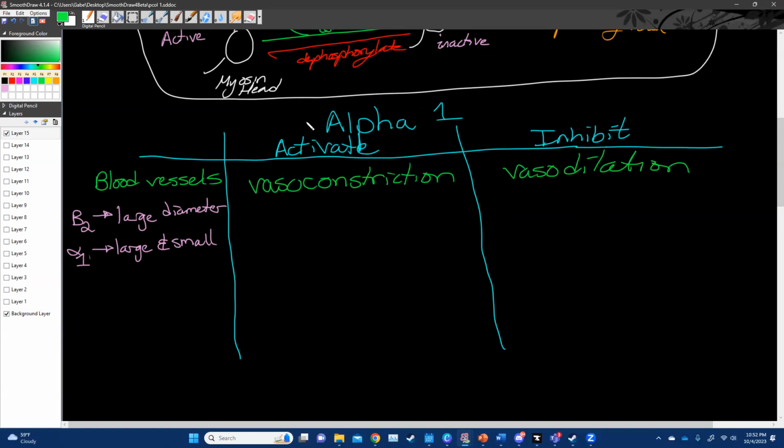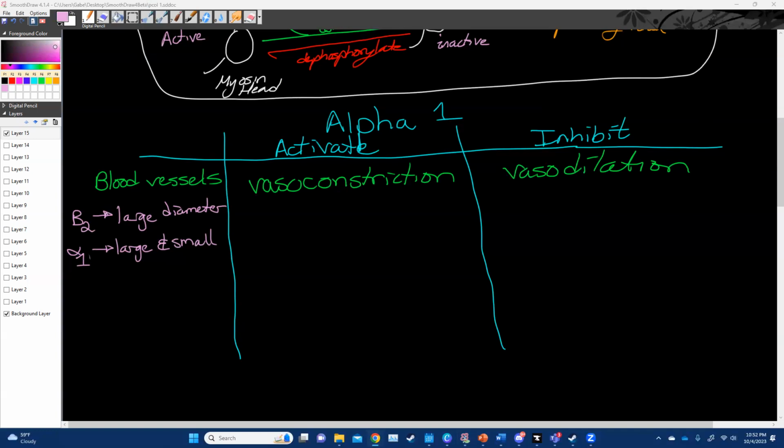So what ends up happening here is that when we use an alpha 1 agonist, we're using it specifically for its ability to contract all of the blood vessels in the body, everything.